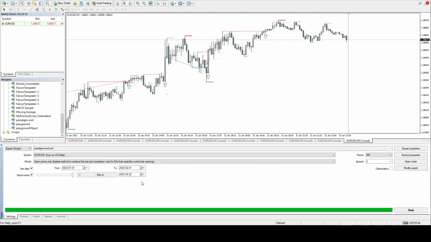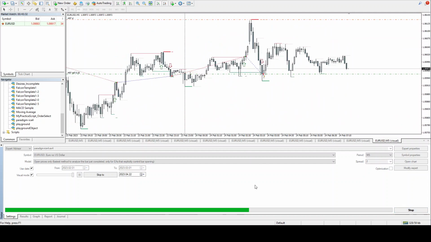All right, so let me go back to HCAP MT4. Let's run it for November. I said November, sorry, for February. So I'll change this to March 1st, and I'm going to run it first without the kill zone filter. I'll set that to false, and then let's run it.